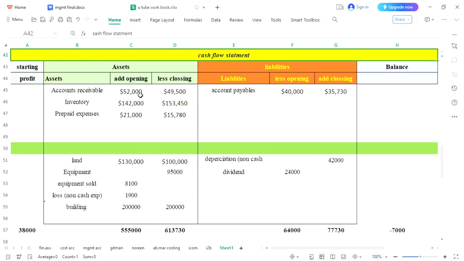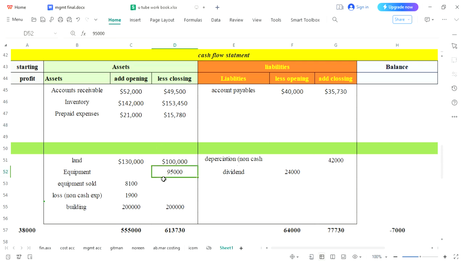We will take the sum of all opening assets. In previous questions, we were calculating only opening current assets and then adjusting them over here. But since we are calculating current and fixed assets at the same time, you will add all opening current assets and opening fixed assets together.